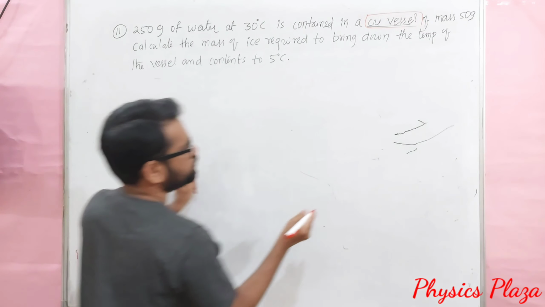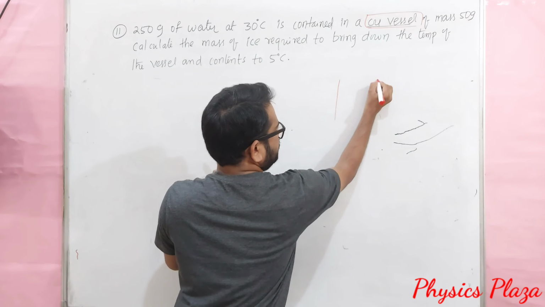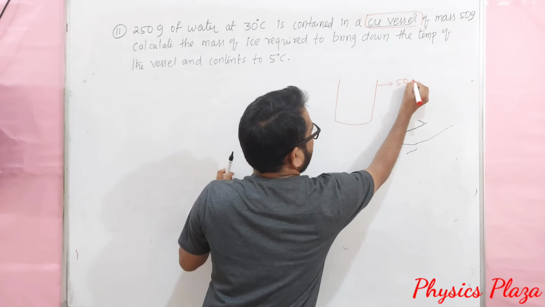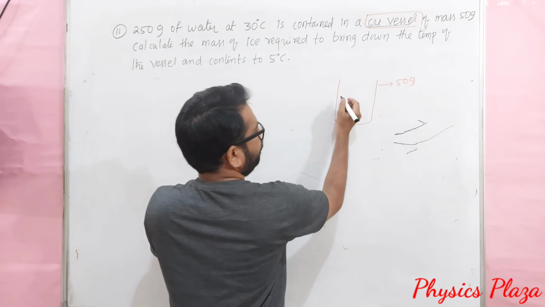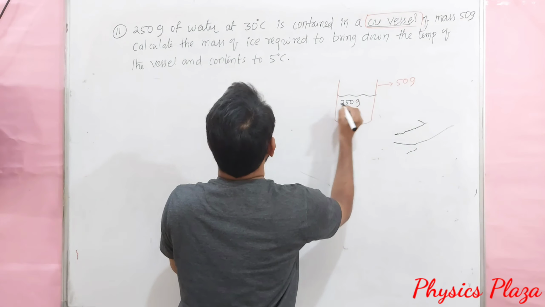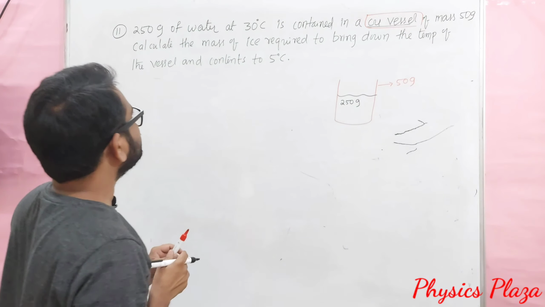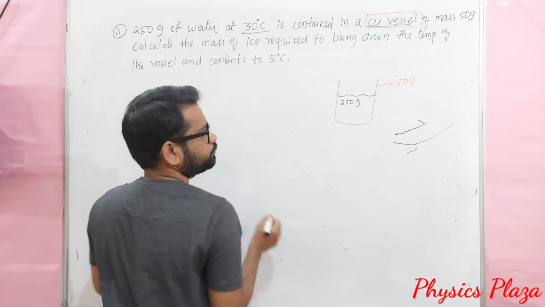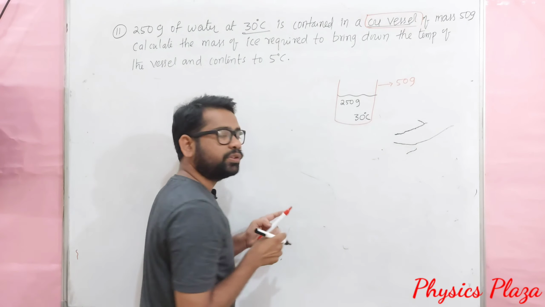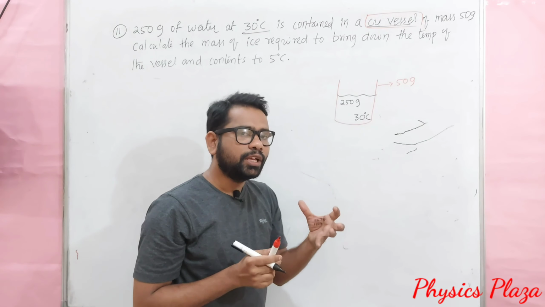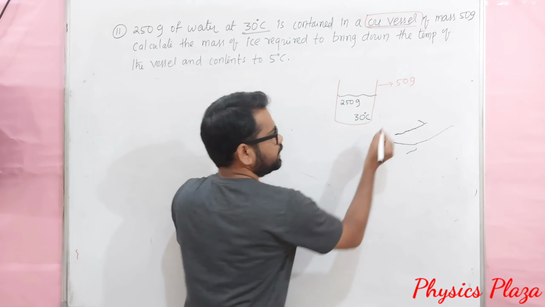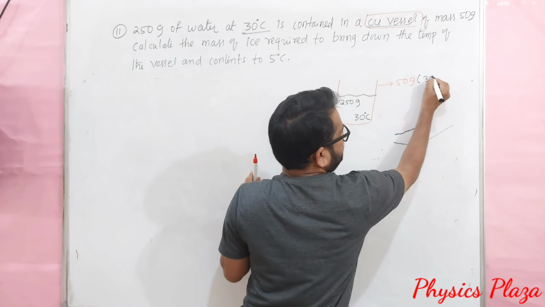Here is a copper vessel of mass 50 grams in which 250 grams of water is taken, and its temperature is 30 degrees Celsius. Dear children, as the temperature of the water is 30 degrees Celsius, obviously the copper will also attain the same temperature as its content. So its temperature is also 30 degrees Celsius.